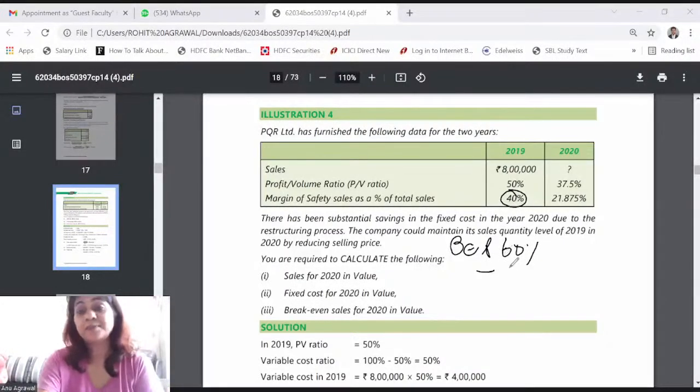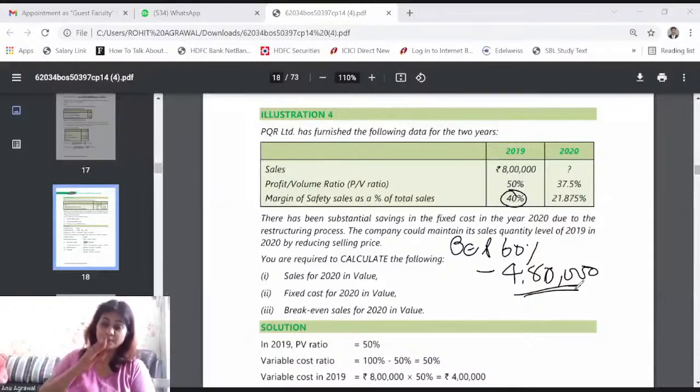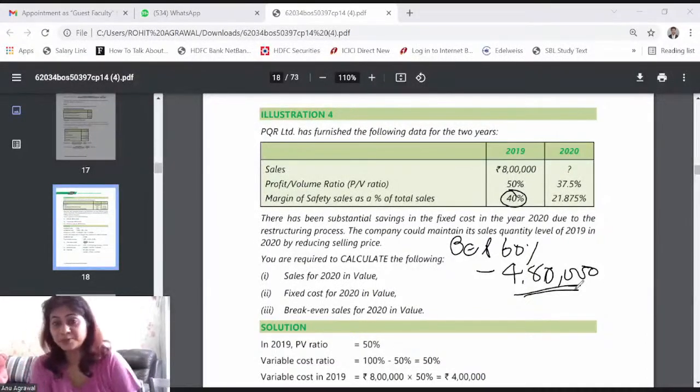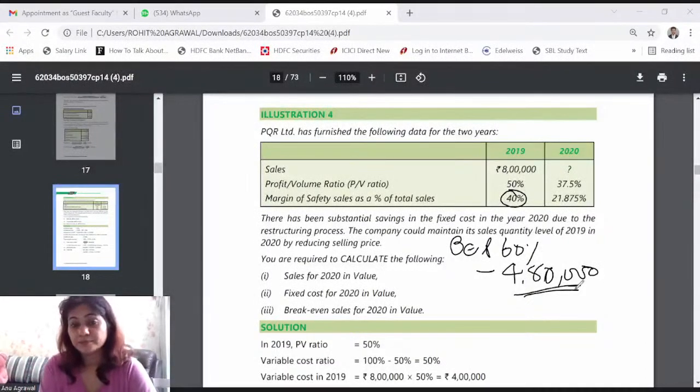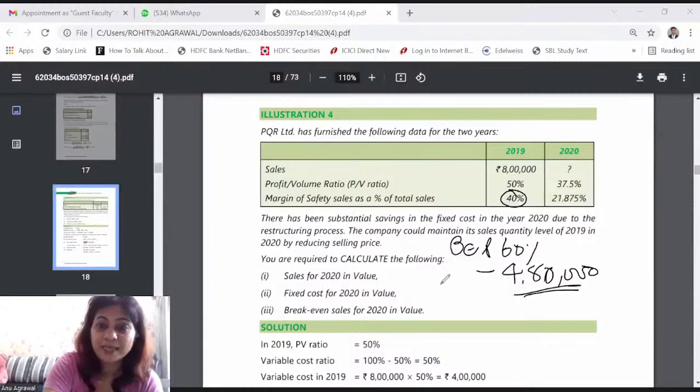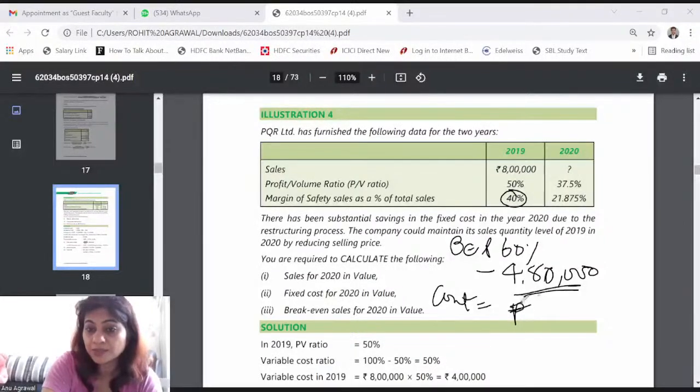So 8 lakh ka 60% is how much? 8 lakh ka 60% happens to be 4 lakh 80. Yes. Now, at this break-even point, the contribution which I get should be equivalent to the fixed cost, yes or no?